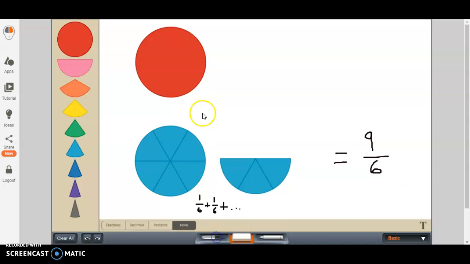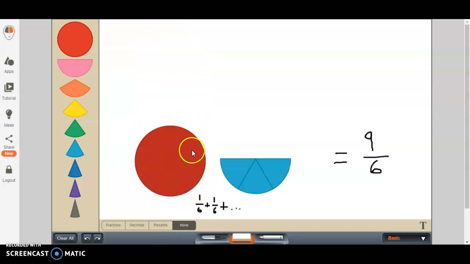Well, as a mixed number, I can take 6 of my pieces as my unit fractions, because each piece is a unit. I can see that I'll have one whole, and then 1, 2, 3 sixths.